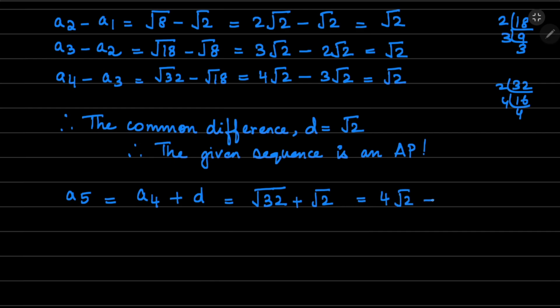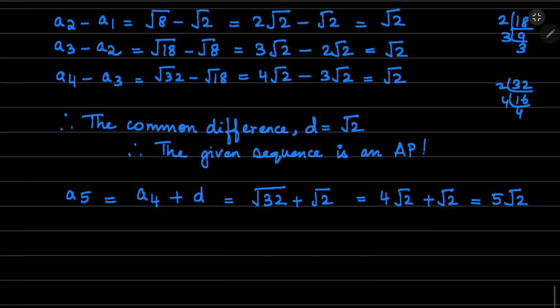So 4 root 2 plus root 2, which is 5 root 2. Okay. You can either leave it as it is or you can even write everything in terms of a square root. So 5 root 2 is nothing but you can take 5 inside. So you can write it as root 50 as well, 5 into 5 into 2. But it's okay. You can leave it as it is.